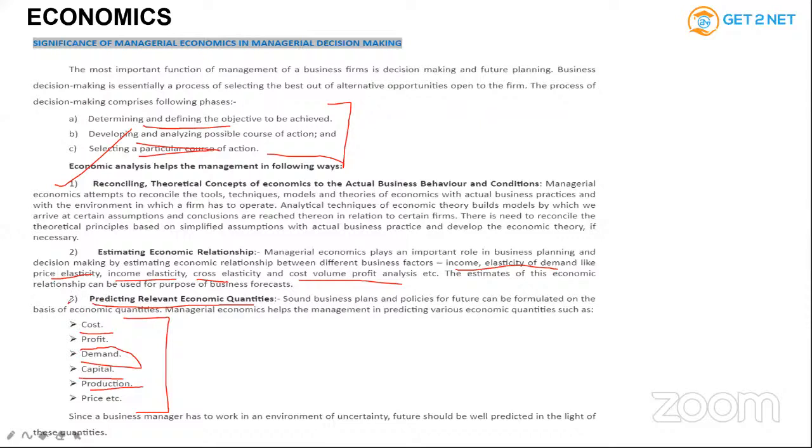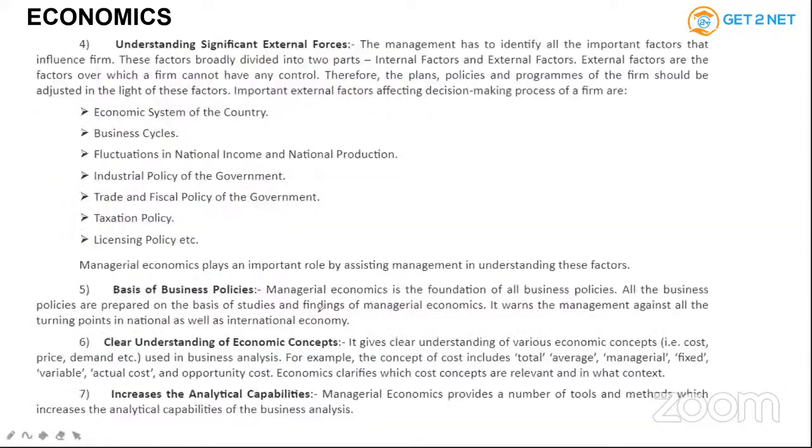The business manager always works in an environment of uncertainty, but he has to predict the appropriate economic quantities that are going to be used. He can neither fall short nor go beyond the required set.